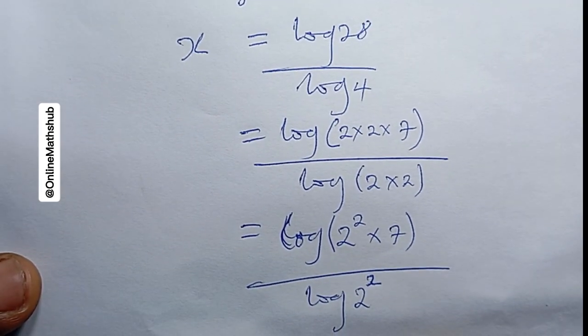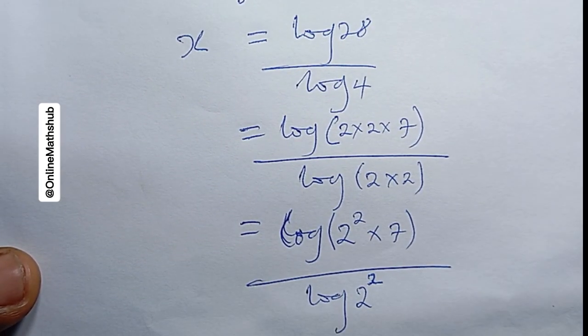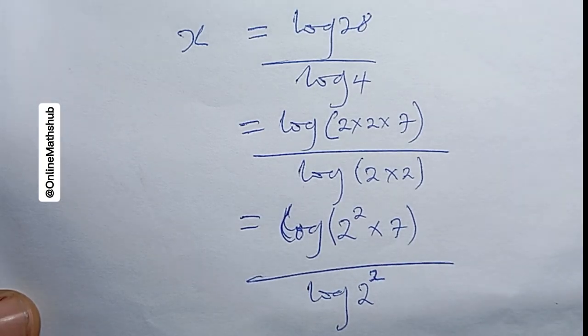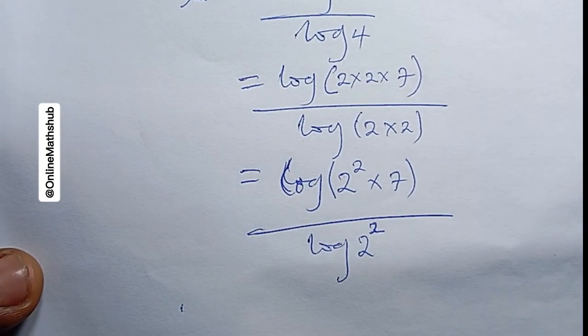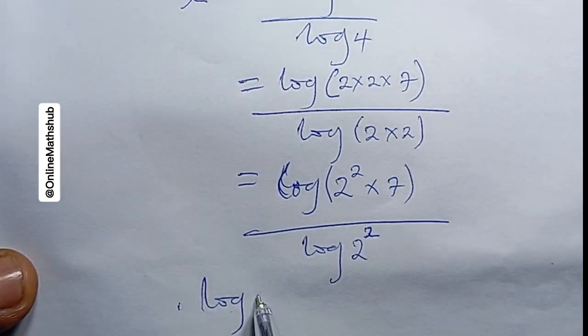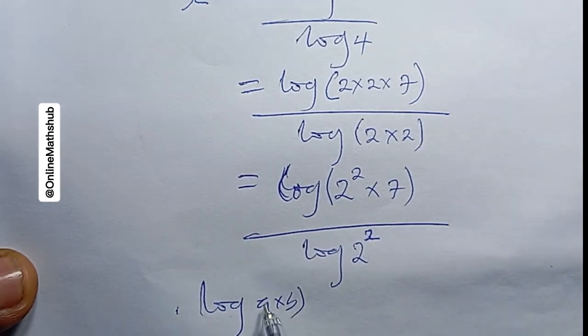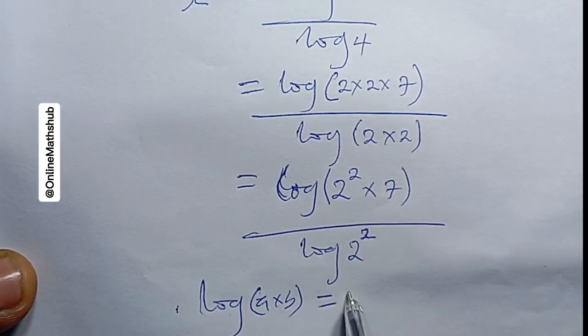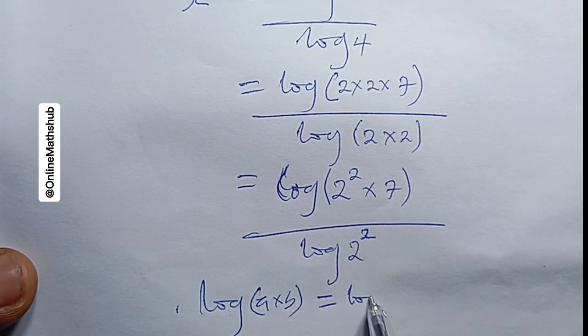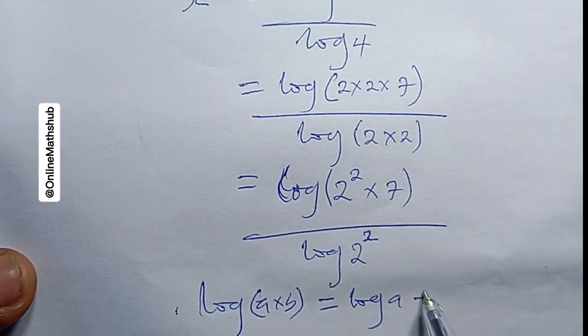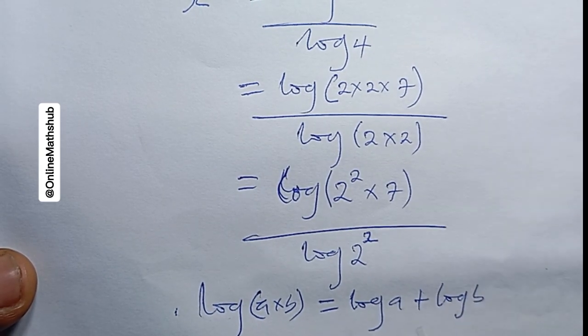Okay, now if we use the product rule of logarithm, which of course says that when you have log a multiplied by b, this is actually going to be expanded to log a plus log b.